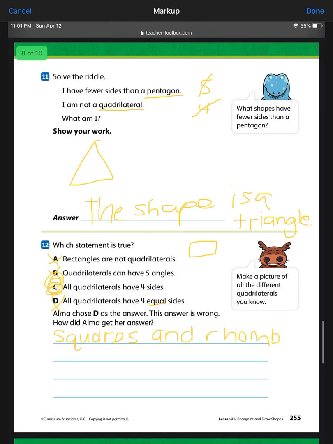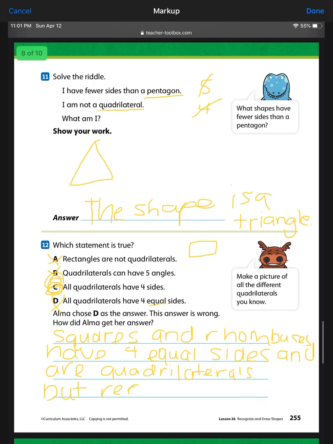are, rhombuses have 4 equal sides and are quadrilaterals, but rectangles are too.